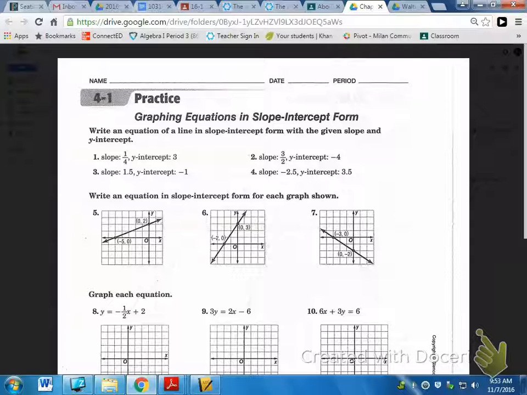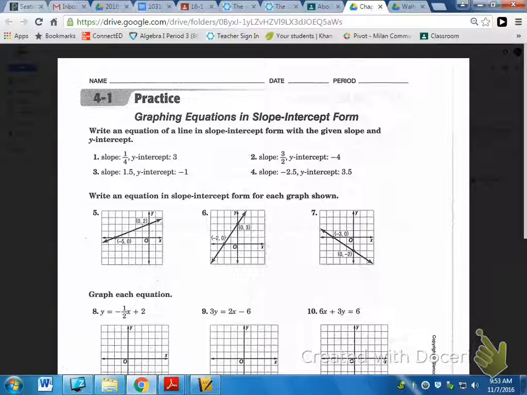You need to deduce from the graph the slope, which we've already done in chapter 3. You count rise over run from one point to the next. You find your slope that way. And then the y-intercept. How do you figure out what number is your y-intercept, Ethan? You look at where it crosses the y.